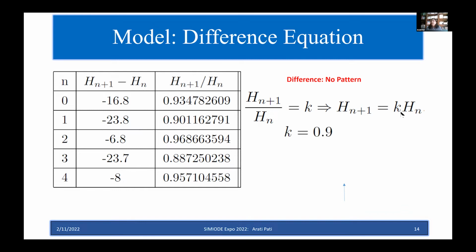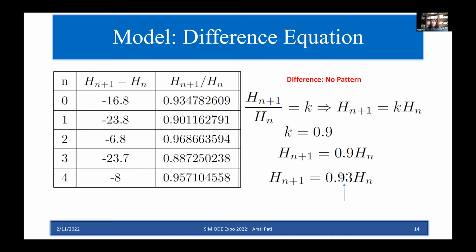And what is the value of k? I do not know, so I'll just choose k equal to, let's say, 0.9 from here. Then I get my equation: the new value equals 0.9 times the old value.